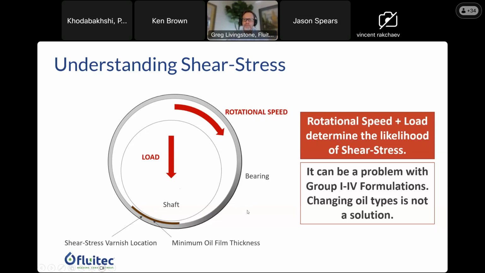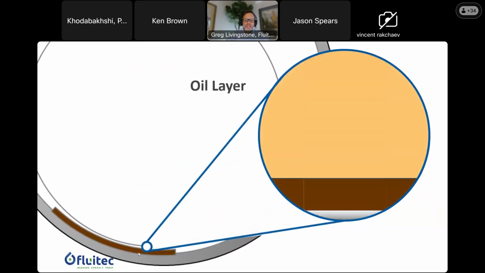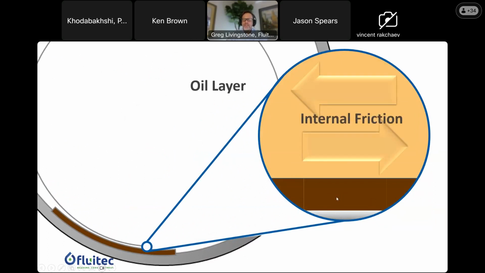If we look at this under a little more of a microscope here, we have the oil layer and the deposit layer. As this bearing is spinning, the oil film, which could be a 30 micron layer, essentially has its molecules ripped apart, and this is causing internal friction.